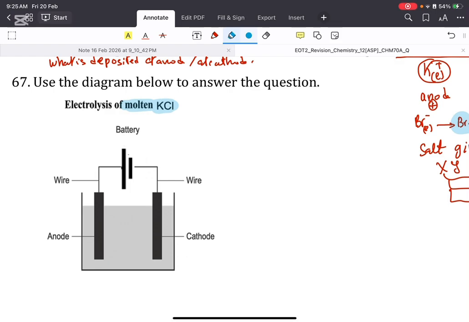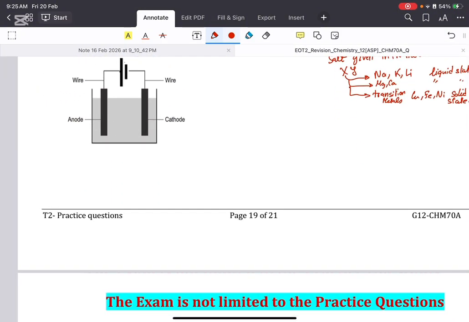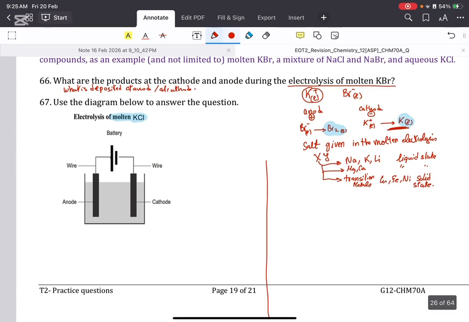Look first whether it's an electrolysis of molten or aqueous solution, because if I have aqueous solution, it involves the ions coming from water. So we might obtain hydrogen gas at the cathode and oxygen gas at the anode if it was in aqueous solution. Now, I have here molten, so let me see the questions.